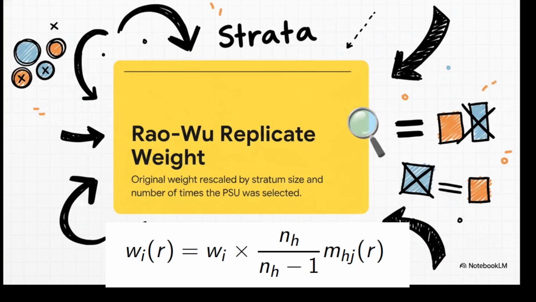That n_h minus 1 is a really critical bias correction factor. It ensures the variance estimate remains unbiased for the complex design. Finally, we multiply all that by m_hj superscript R. That is simply the number of times that specific PSU j was selected in this replicate. If it wasn't selected at all, well, that multiplier is 0, and the weight just zeroes out entirely.